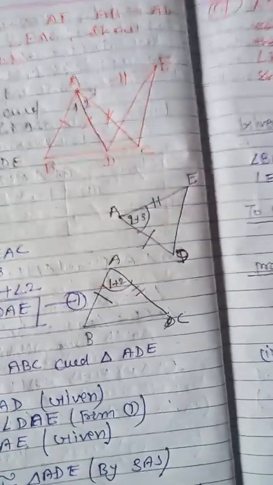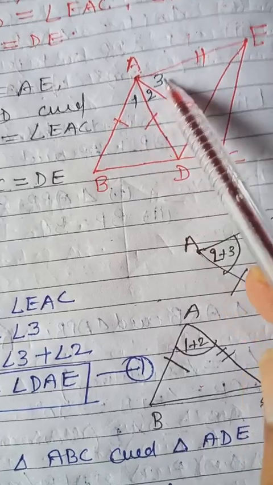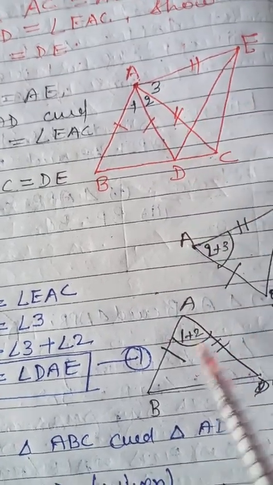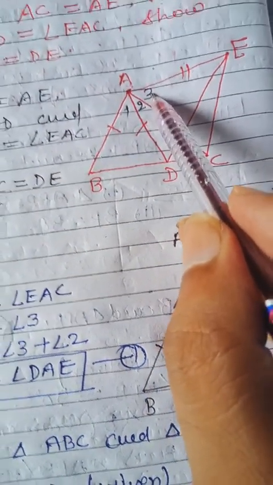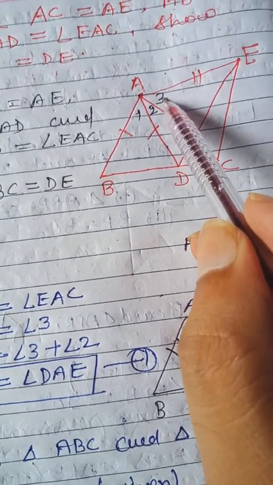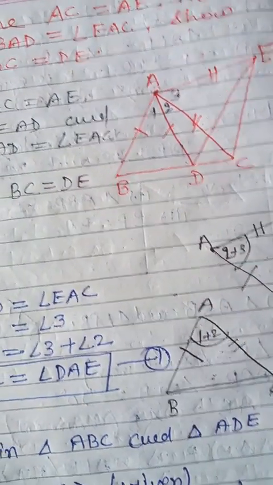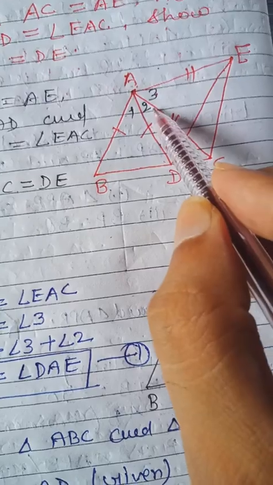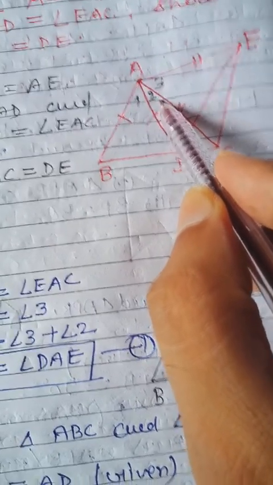Now look here, angle 1 is equal to angle 3, and according to Euclid's axioms, you know that if equals are added to equals, then the wholes are equal.